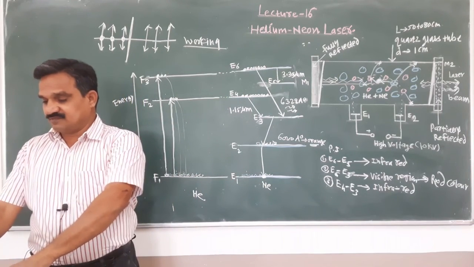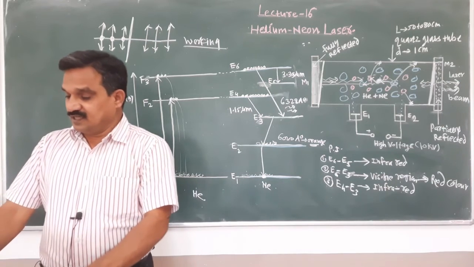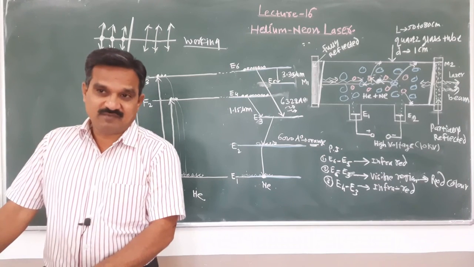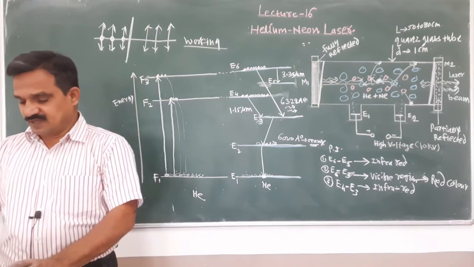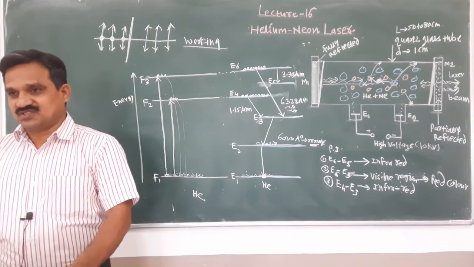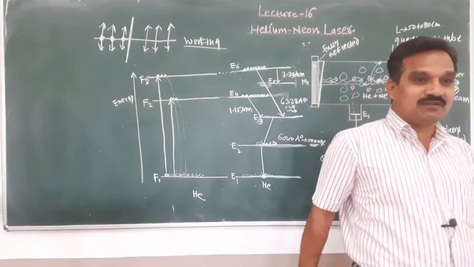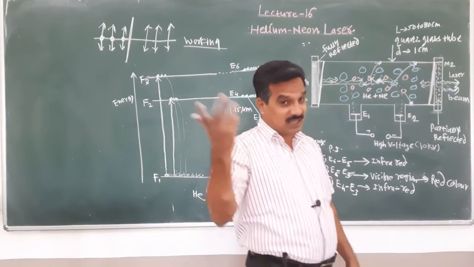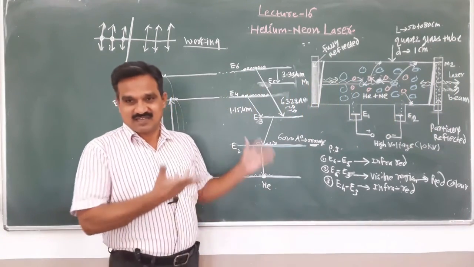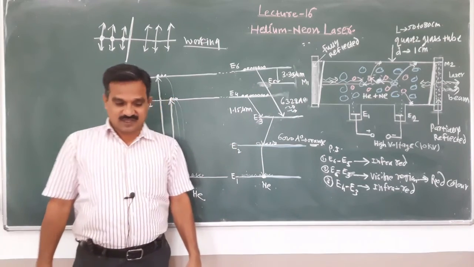Again, you remember. The next point is, what are the applications? We are all familiar with lasers used in printing. We are familiar with the laser printer. Here a helium neon laser is used.